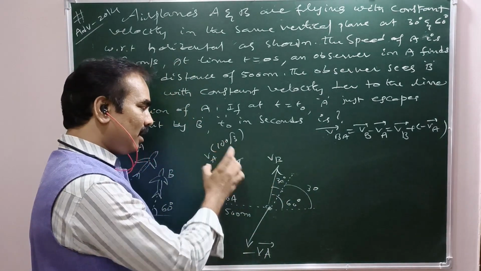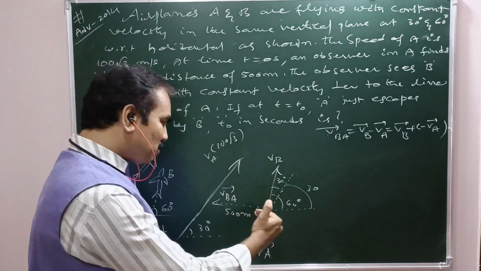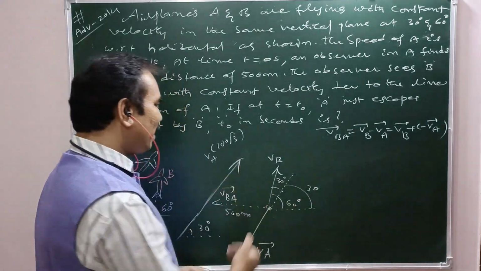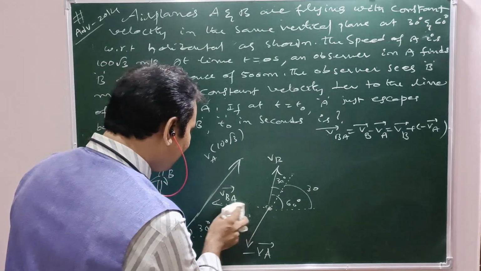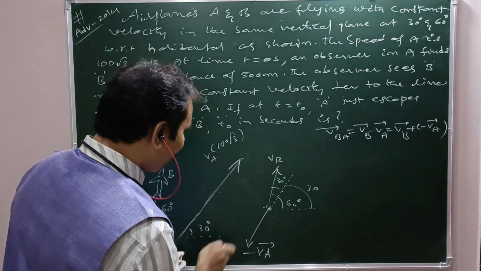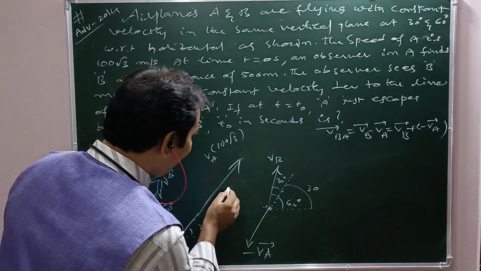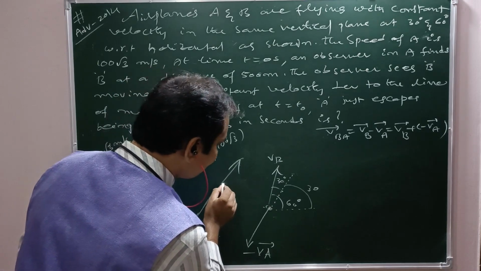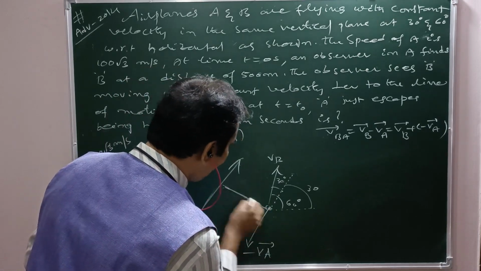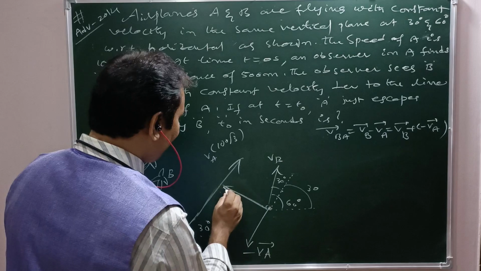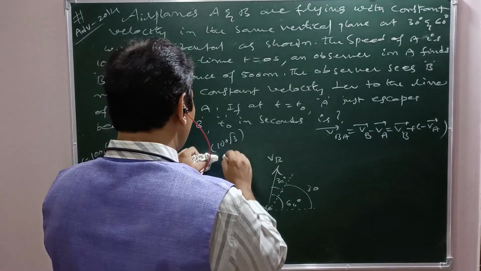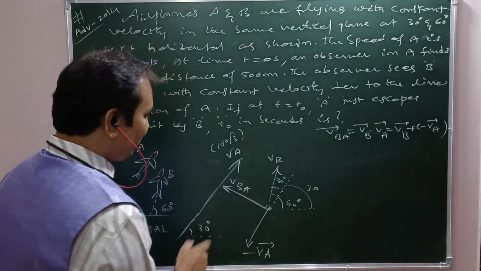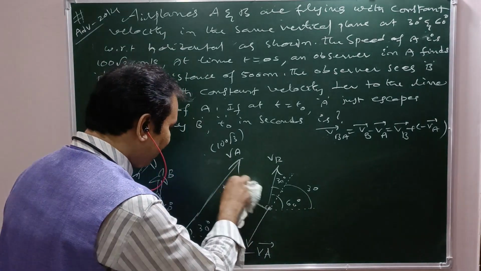Because with respect to A, plane B appears to move along this perpendicular line. Sorry, this is the perpendicular line. So this is VBA, and this is VA. This is VBA.